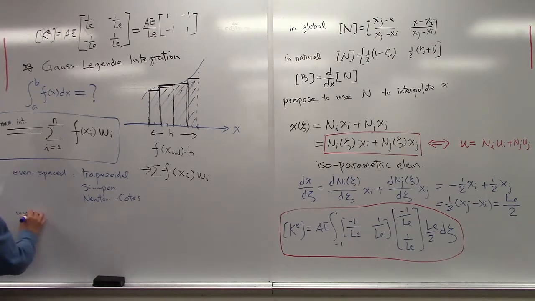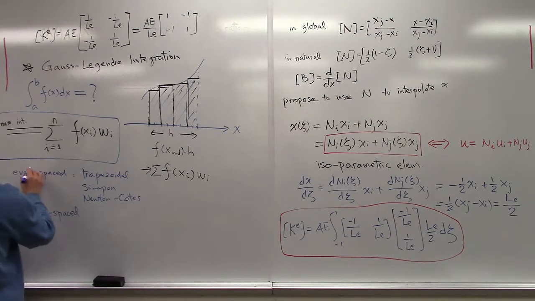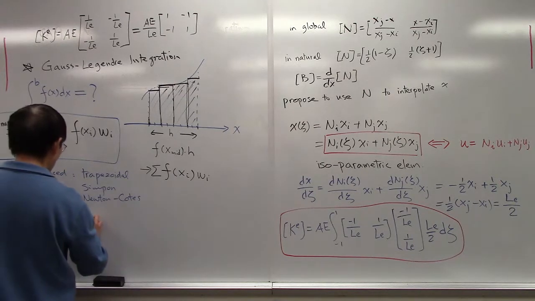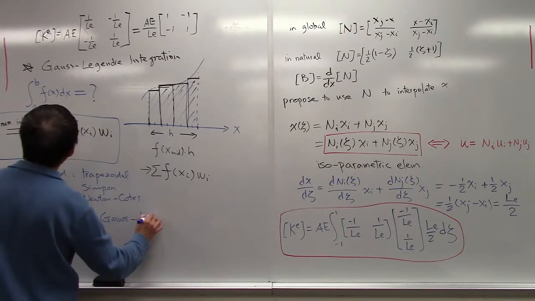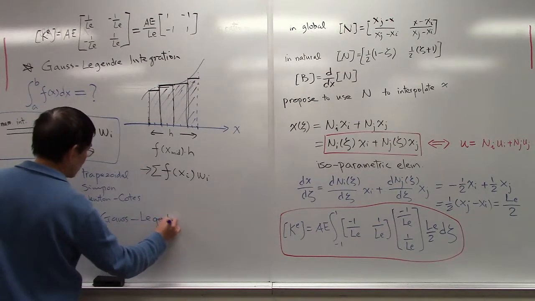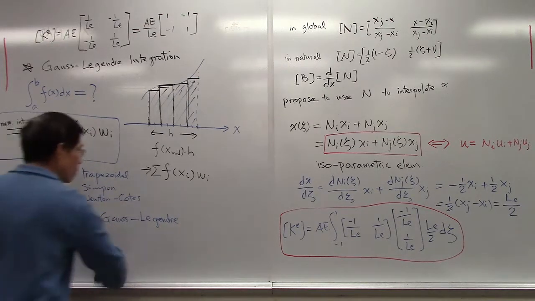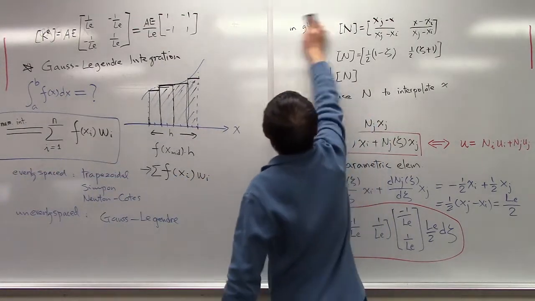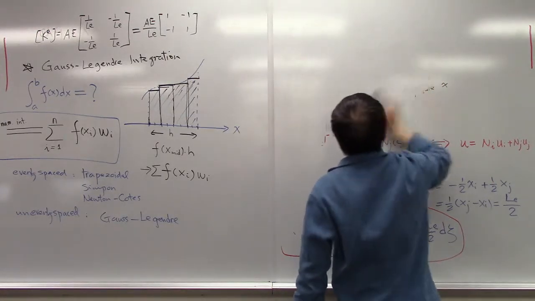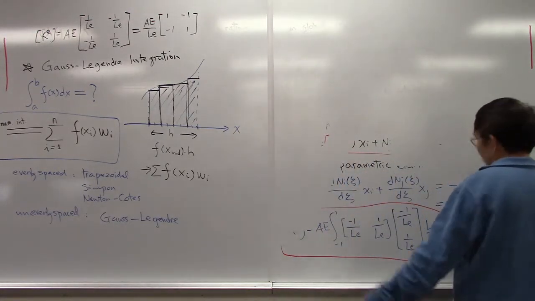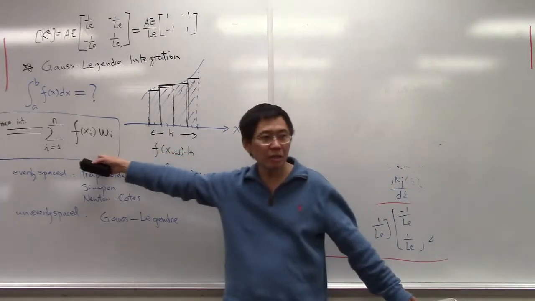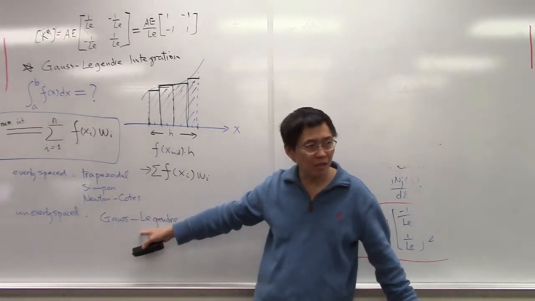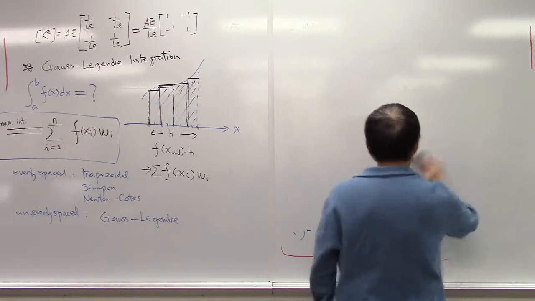Now the uneven space, oh, this is unevenly spaced, is the Gauss-Legendre formula. Okay, how to derive that is actually very simple. Once you understand the idea of a numerical integration, you understand what Gauss-Legendre tried to do, then you can derive the formula.